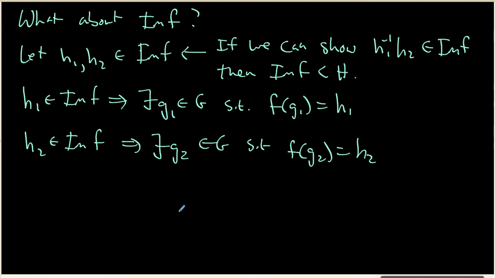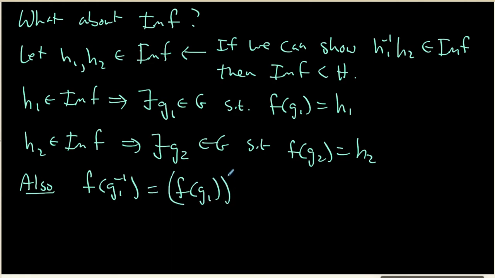Now, because f is a homomorphism, we also know something else. We know that f of g1 inverse is equal to f of g1's inverse. And because f of g1 is equal to h1, we know that f of g1 inverse is now going to be h1 inverse. And this is all because f is a group homomorphism.